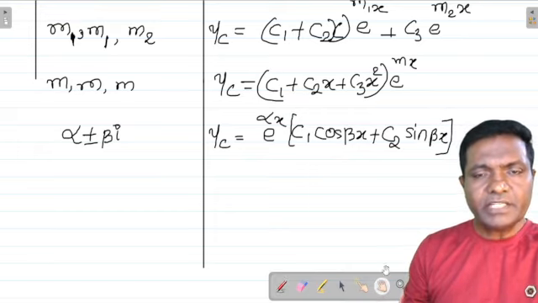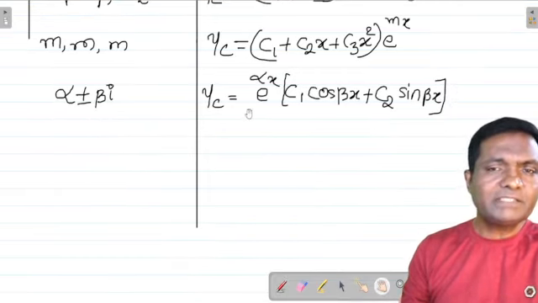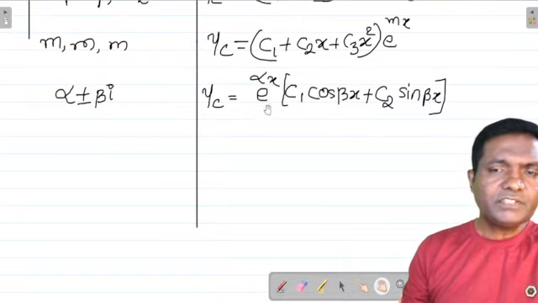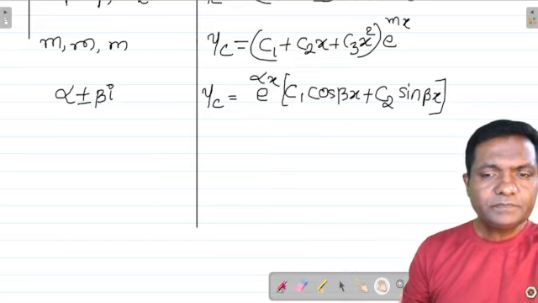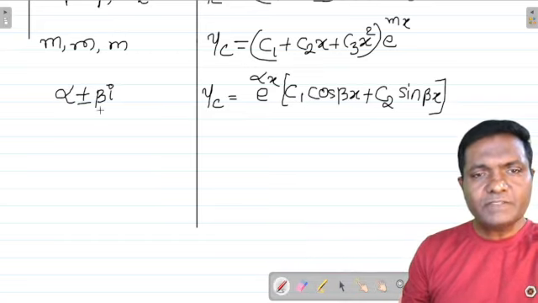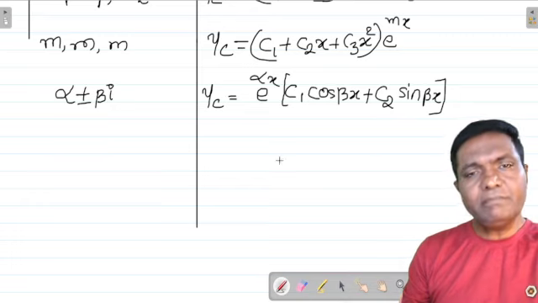In this way I have to write. That is, e power alpha x, the real part, into c1 cos beta x plus c2 sin beta x.